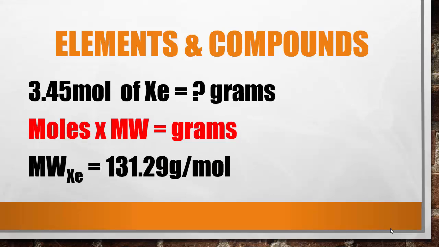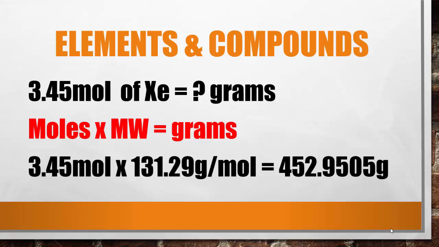Oh, by the way, when doing molecular weights, carry it out to 2 decimal places, except for hydrogen and helium, where you'll go to 4 significant places. So now we know moles, we know molecular weight. Plug the values in, hit the calculator buttons, and when you convert to correct significant figures, 3.45 moles of xenon happens to weigh 453 grams.